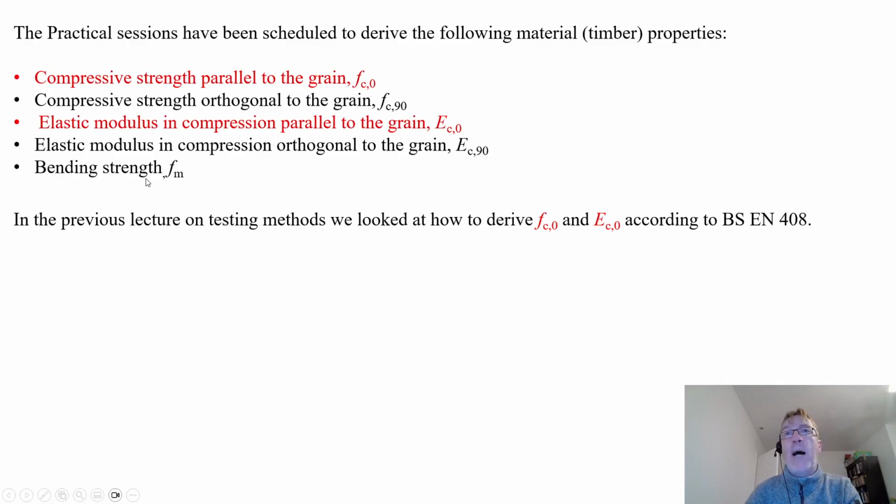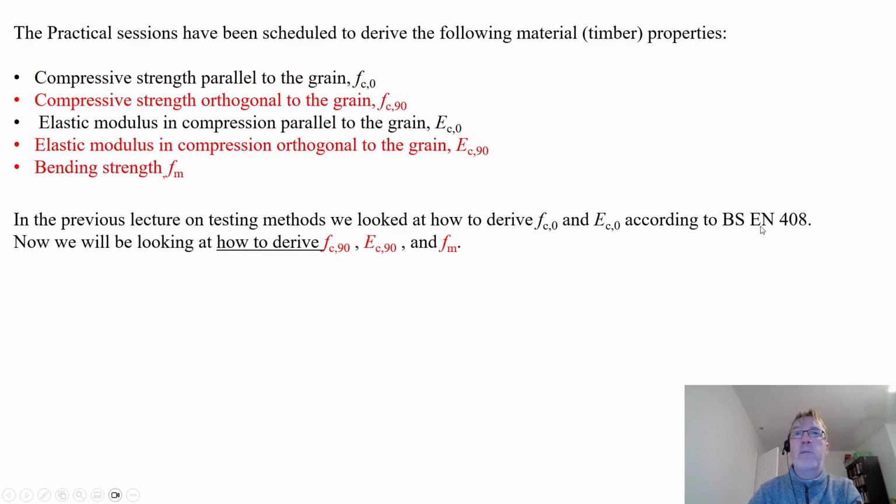Last week's lecture covered the compressive strength parallel to grain and the modulus of elasticity parallel to grain. So that's FC0 and EC0, all in accordance with BSEN 408.